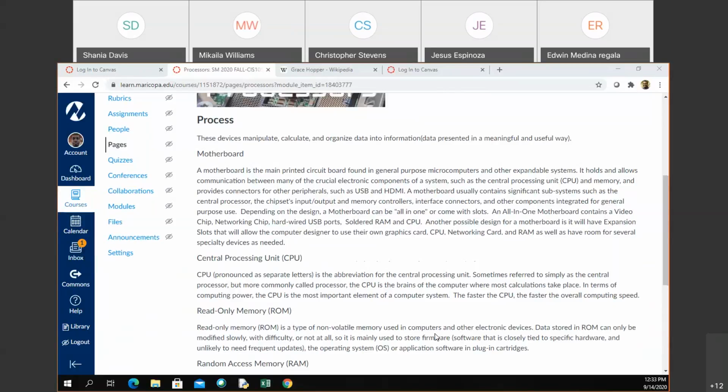And so the CPU gets up and tells the ROM to start working. The ROM will start those specific softwares that tie to certain pieces of the hardware that help your computer run. And it also gets the operating system started. And so once the operating system gets started and it's good to go, that's when everything else on your screen loads.